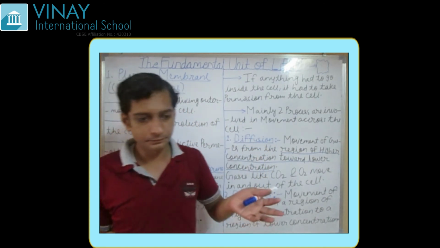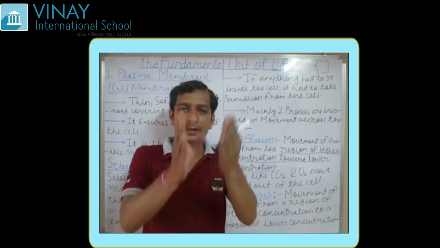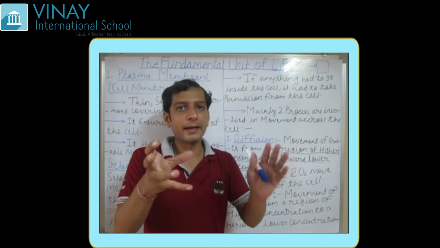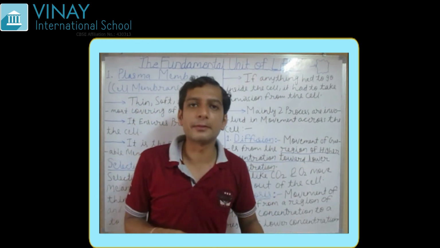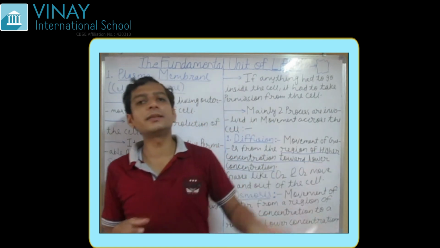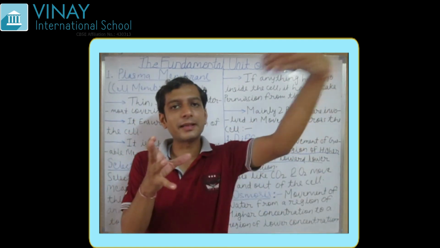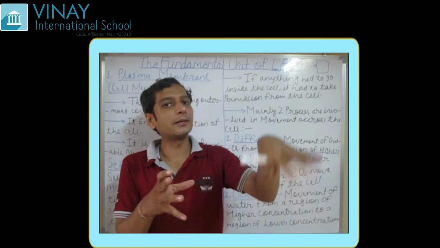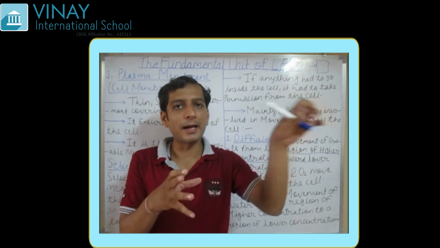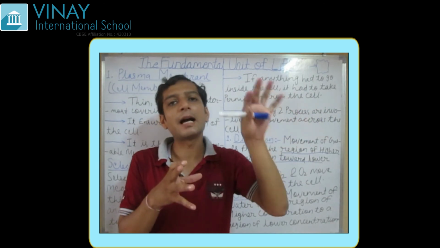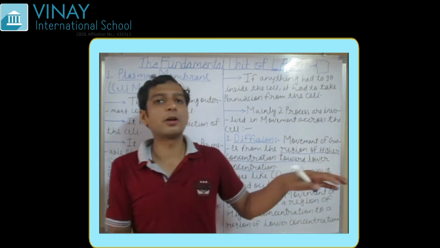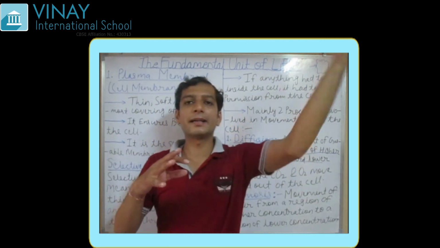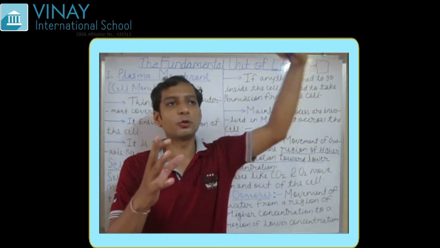For example, here we are talking about the cell, the inside part, and the outer part, which is the environment. If anything has to enter the cell from the environment, then the environment has to be at the higher concentration, because substances move from the higher concentration towards the lower.